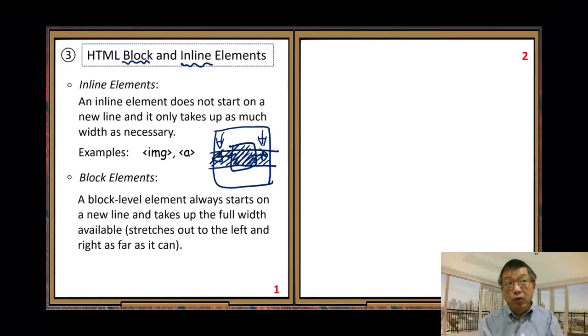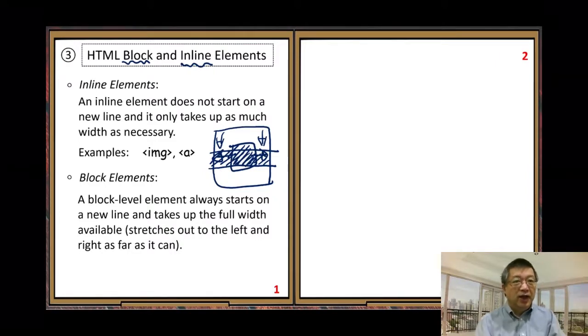But if we really want to put something very important to its left or right, we can do it. We have the technique to do it. I'll talk about that later.